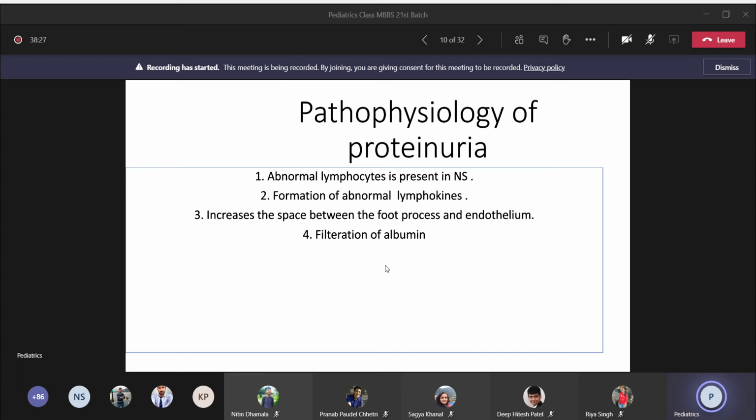So autoimmune means there are abnormal lymphocytes which produce abnormal lymphokines, and these abnormal lymphokines cause an increase in the space between the foot processes and also an increase in the pores of the endothelium.